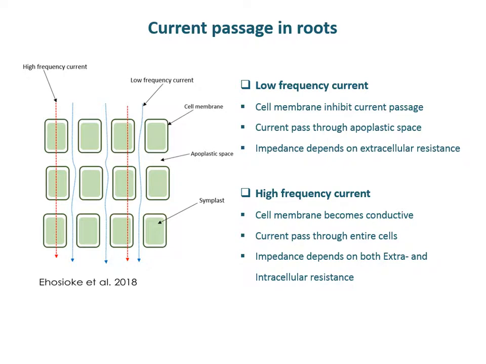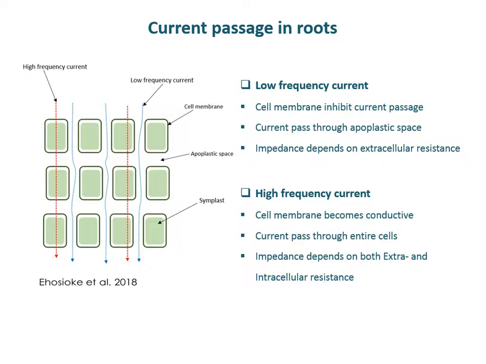Okay, then we look at the current passage in roots. The current passage in the root depends on the frequency. At low frequency, the current will pass through the apoplastic space because the cell membranes inhibit the current flow due to the lipid bilayer.